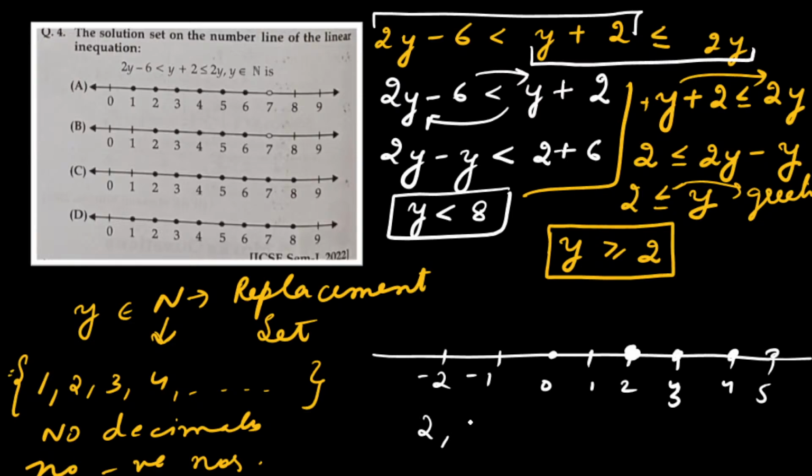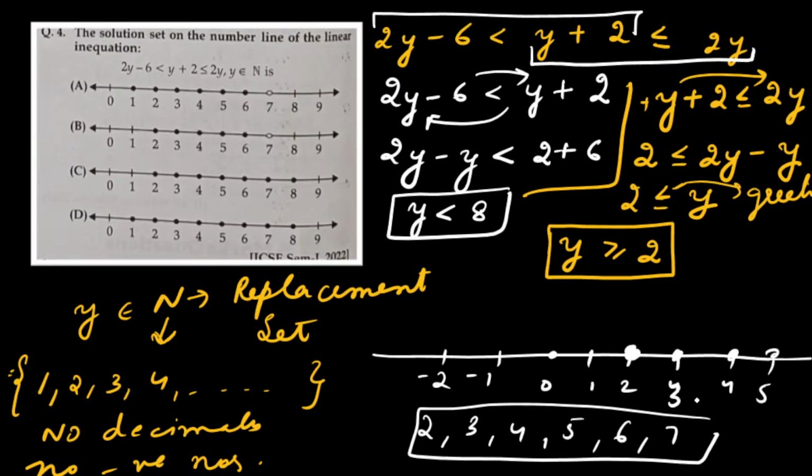So 2, 3, 4, 5, 6, 7. 8 is not there because y is less than 8, not less than or equal to 8. Equality is not there. So 8 we don't have to include. Only these numbers: 2, 3, 4, 5, 6, 7.